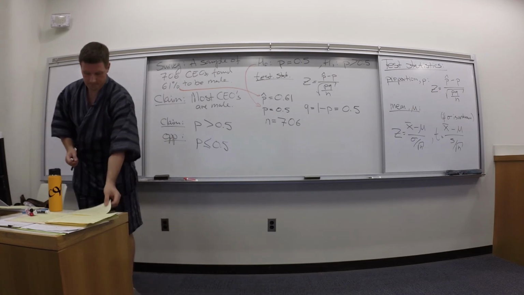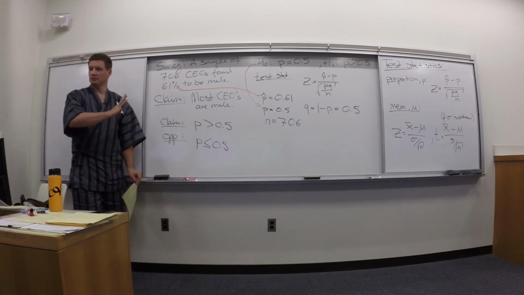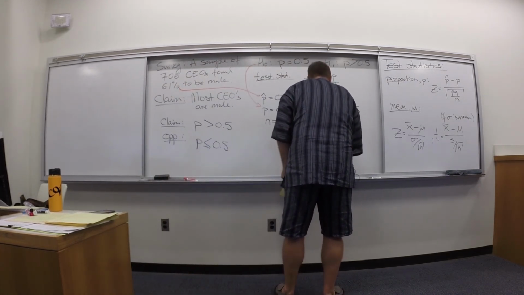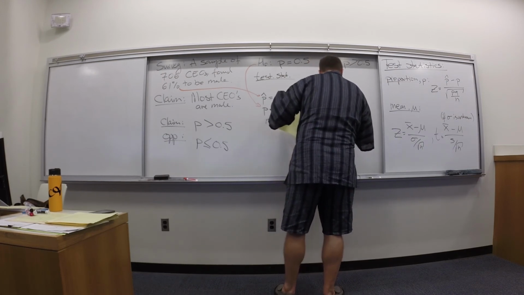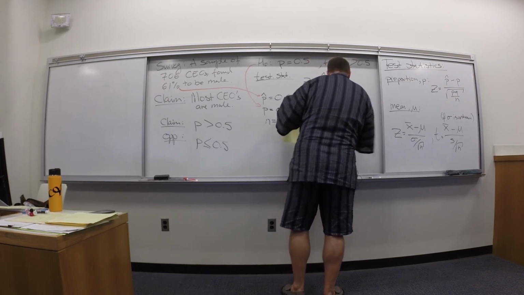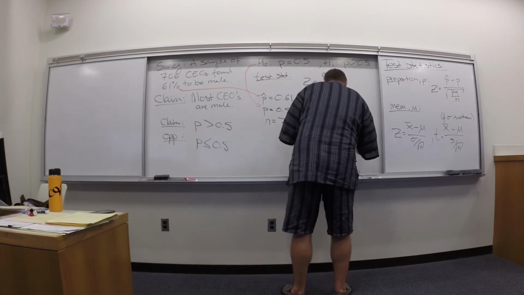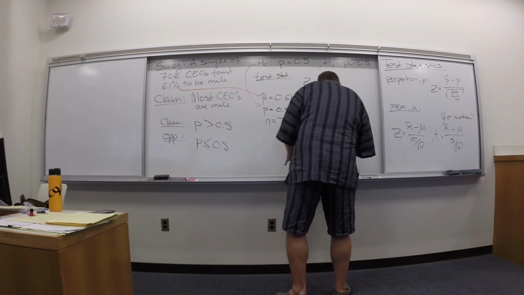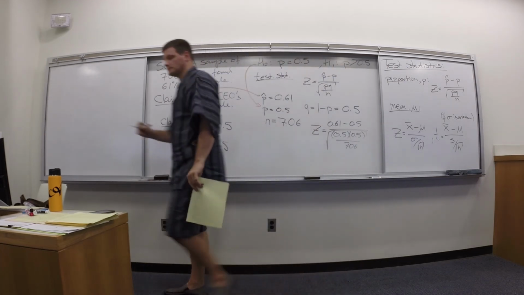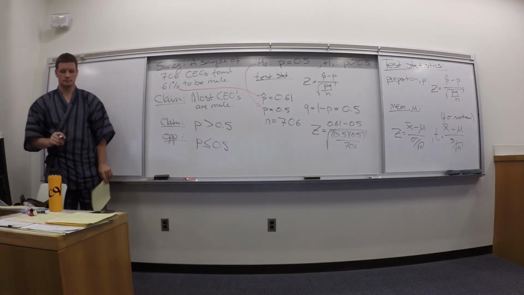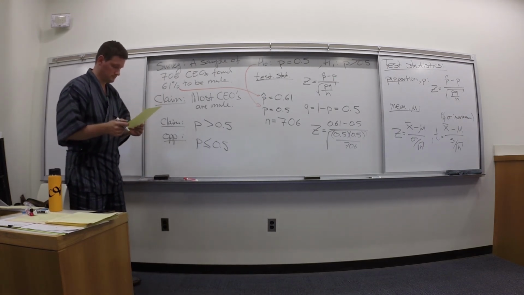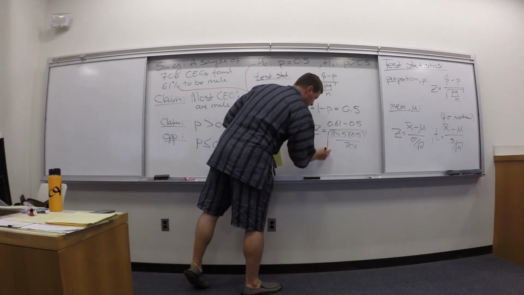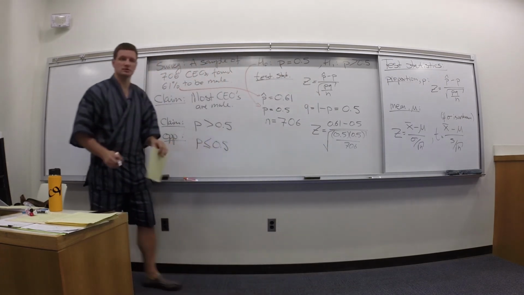Okay, so let's plug it in. So far, everybody's with me, yes? All right. So now we take our z, our test statistic, and it says it's 0.61 minus 0.5 divided by the square root of 0.5 times 0.5 divided by 706. Mind you, if you're writing things down midway through the steps, do not round the square root very much.